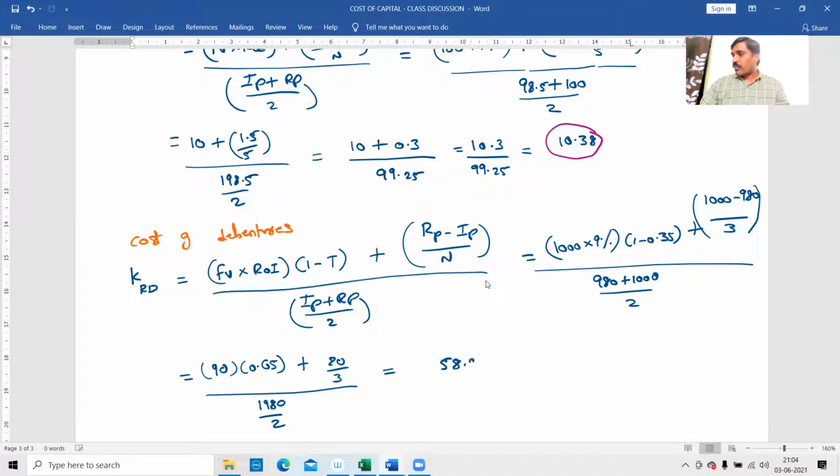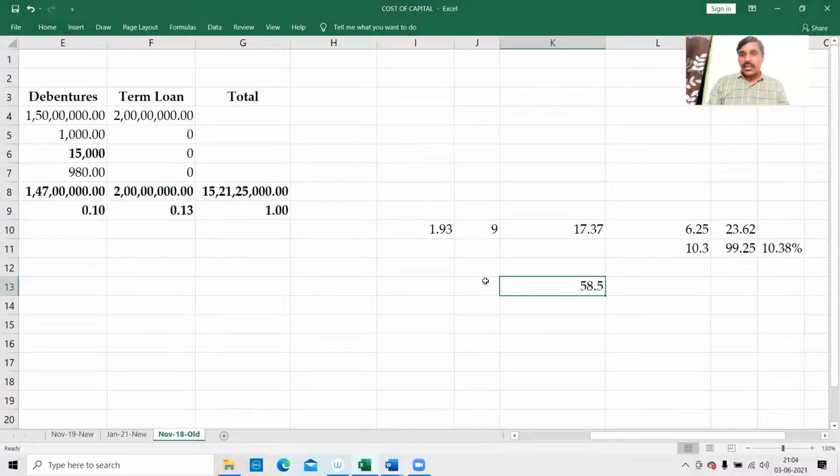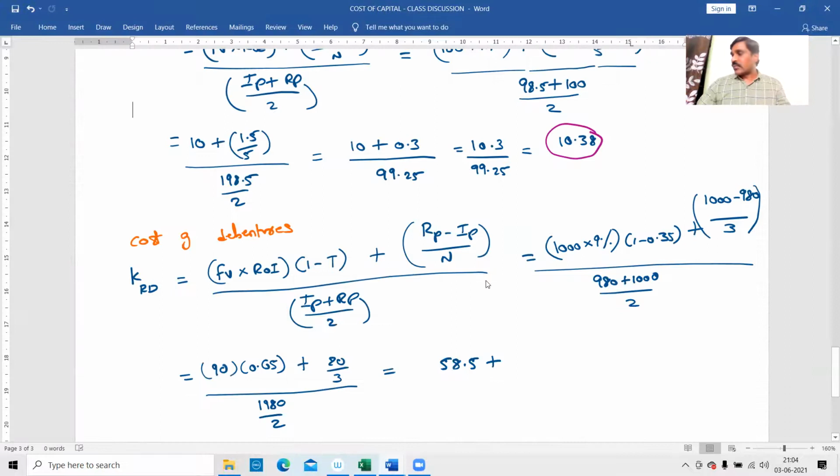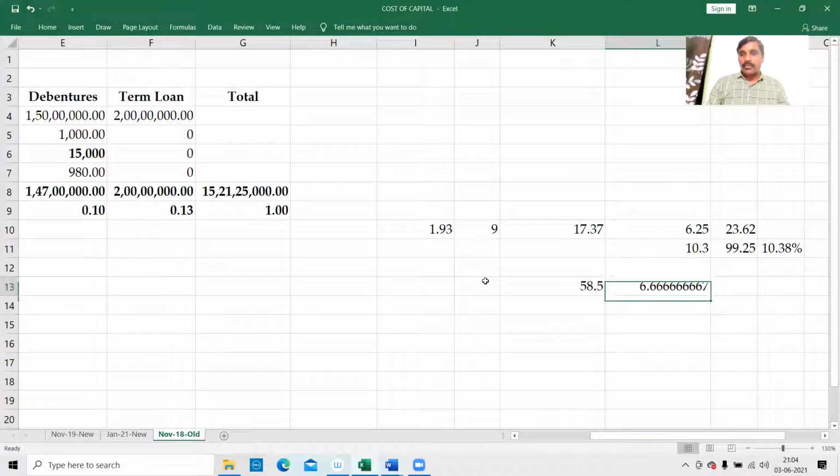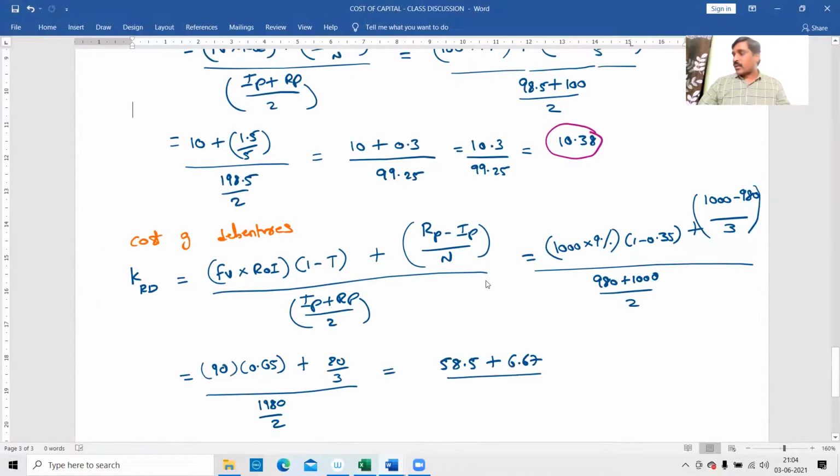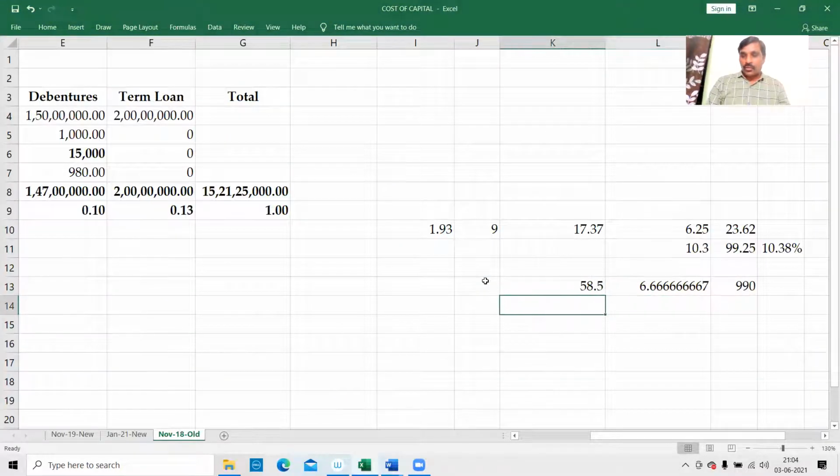So 58.5 plus 20 divided by 3, which is 6.67.